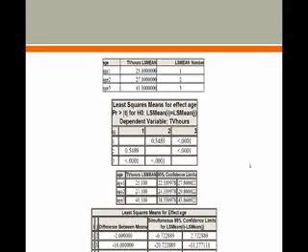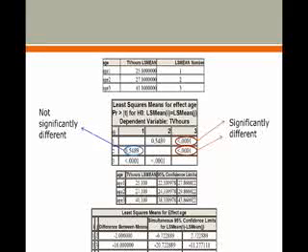The confidence interval will be given to us also, so all the confidence intervals that we need will be obtained here. This least square mean value is another way to analyze the results for each age and the comparison between the ages and the groups. Significantly different, and here significantly different, in this one not significantly different.